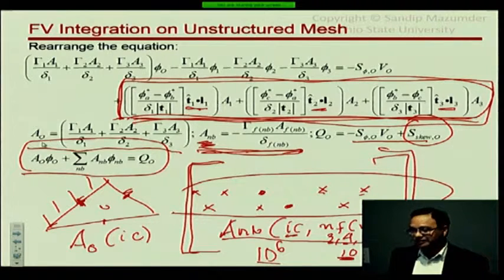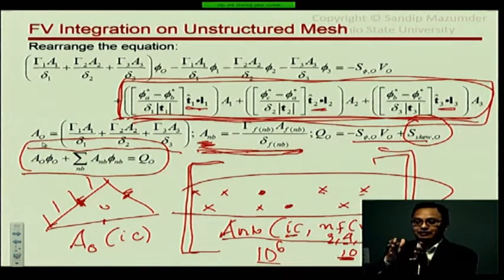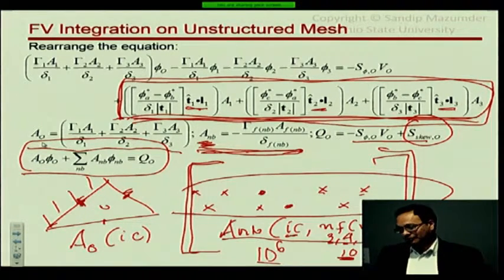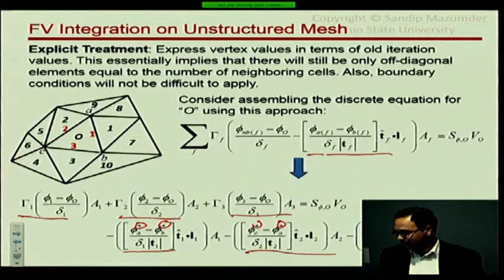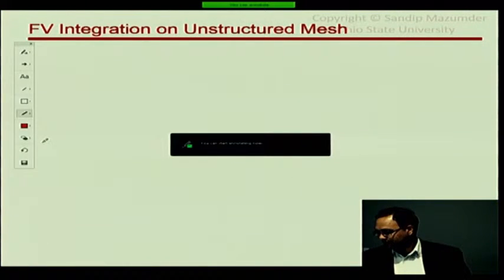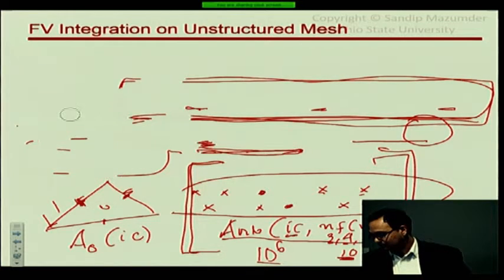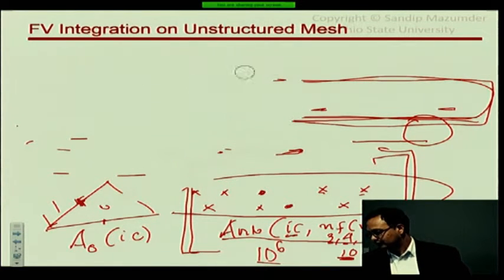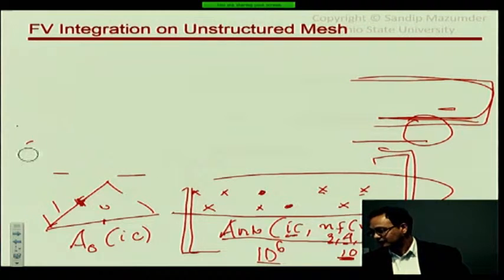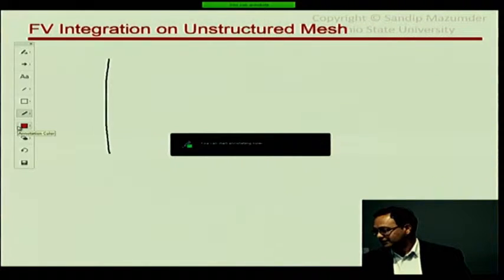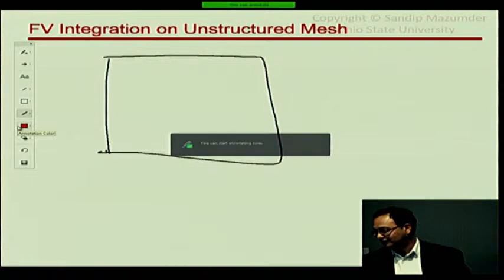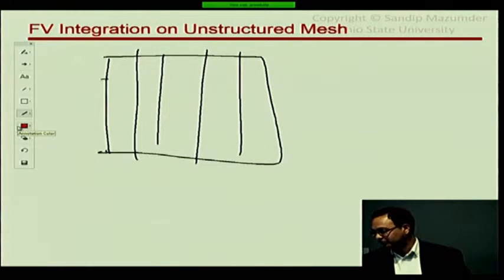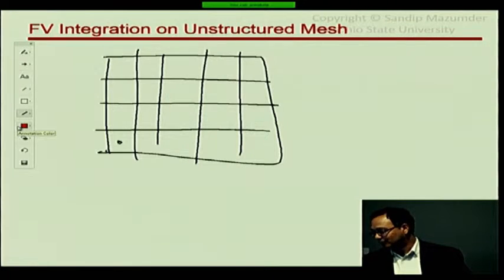Now, mesh generators do try to make an effort to keep things clustered in the middle, not spread out too much. But all said and done, you're never going to create a mesh where, let's say I have a Cartesian mesh like that, this is cell number 1 and that's cell number 2.